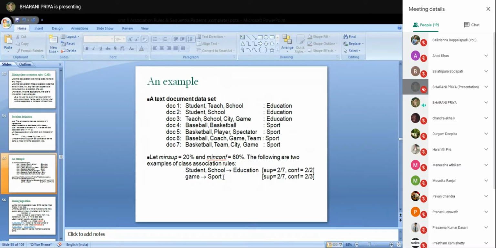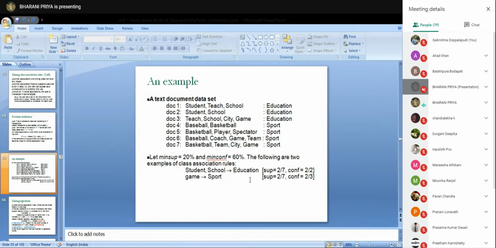So this is the document set. Document 1 consists of student, teach and school. Student, teach, school, all these are items. And the class labels here are education and sports. Let the minimum support be 20% and minimum confidence be 60%.